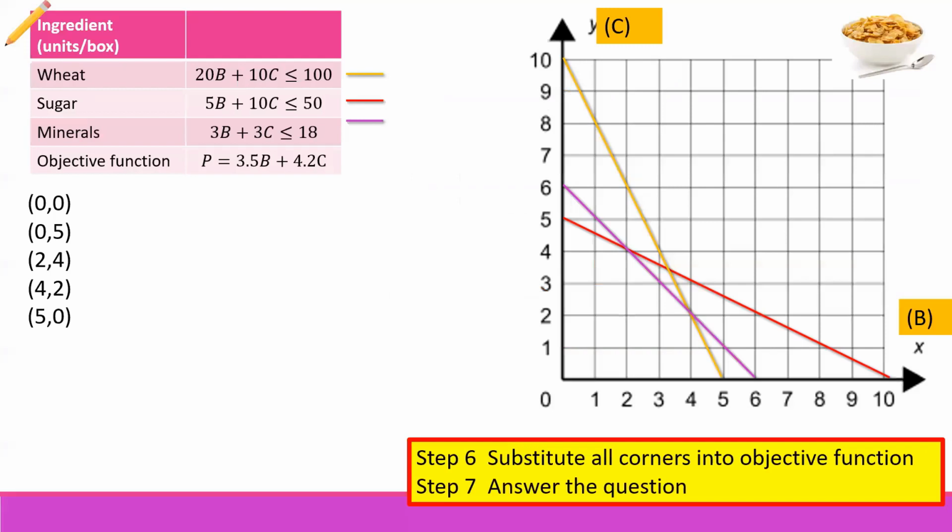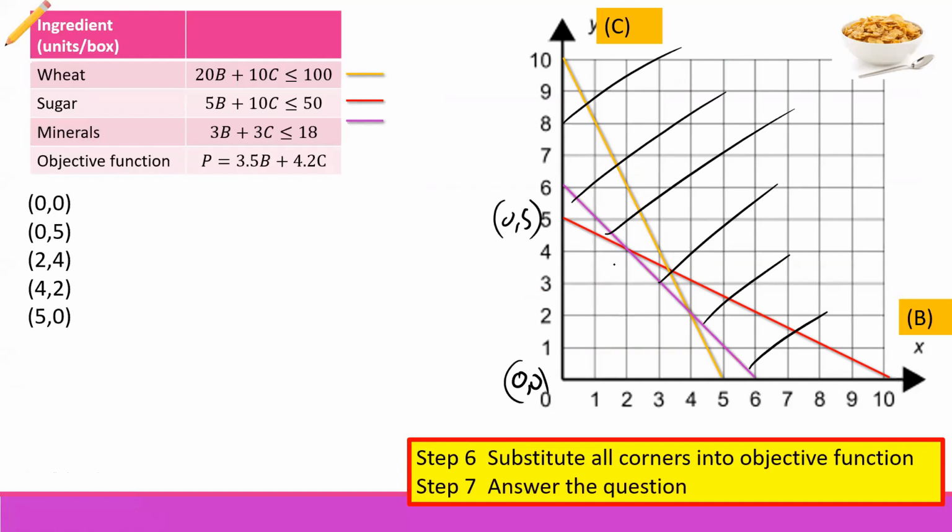You can see that my graph no longer has everything, but it doesn't matter. We already know that the feasible region is at the bottom, and we know that we have 4 corner points. (0, 0), (0, 5), and now we know that this is (2, 4) and (4, 2), and also (5, 0).